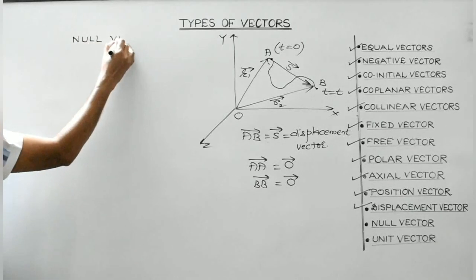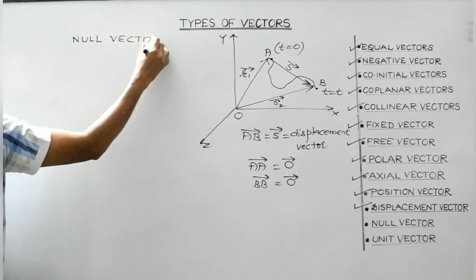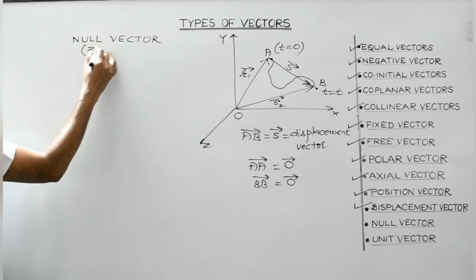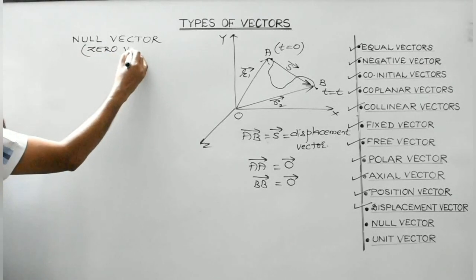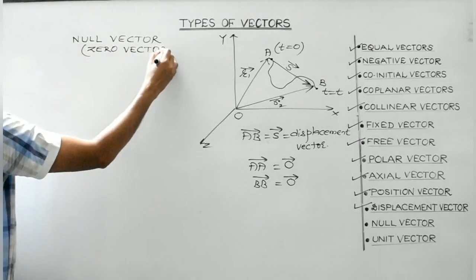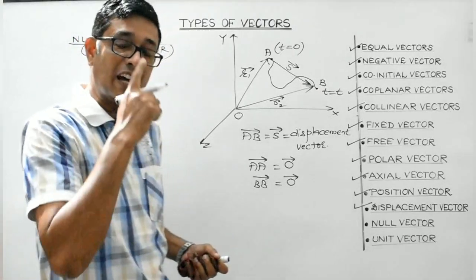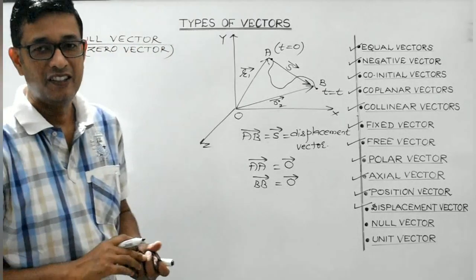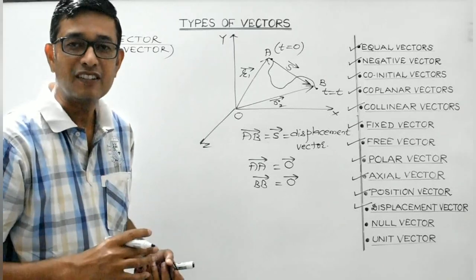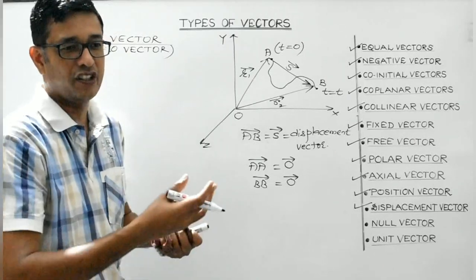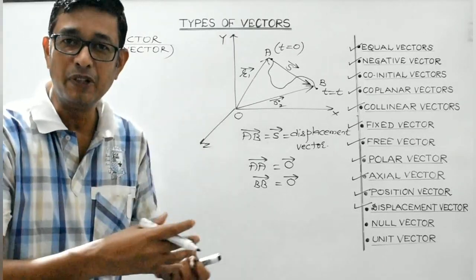Null vector. It is also known as zero vector. So, any vector having zero magnitude, and since the vector is having zero magnitude, its direction can be considered to be arbitrary.